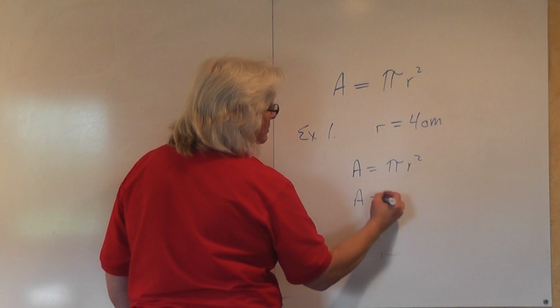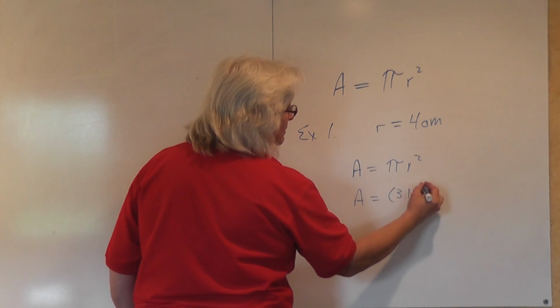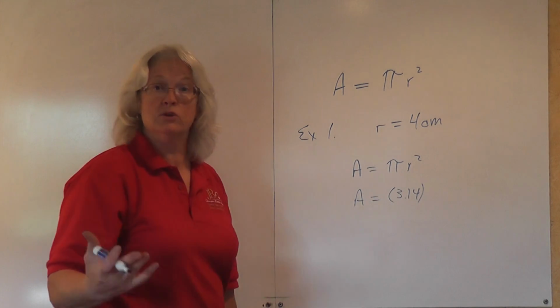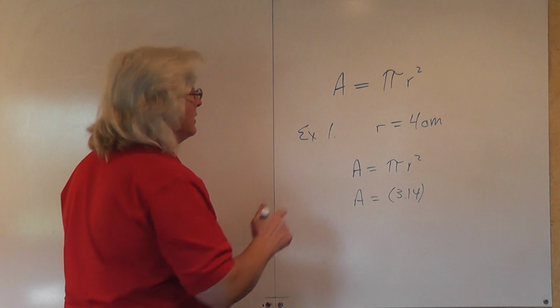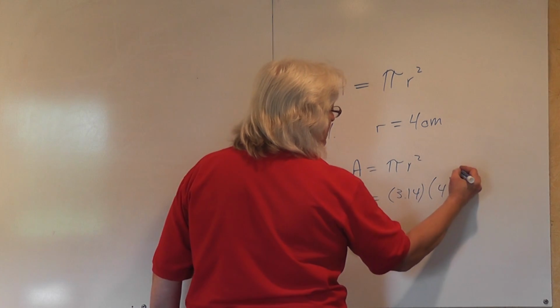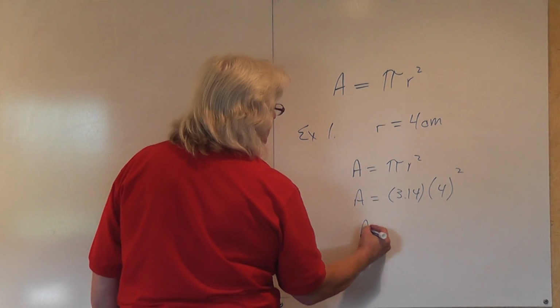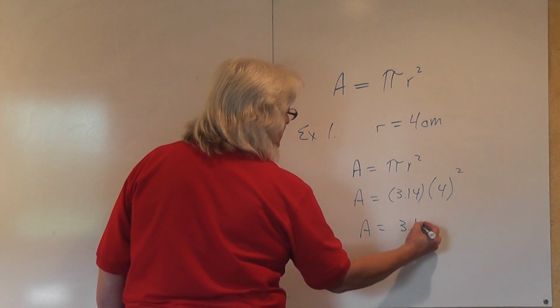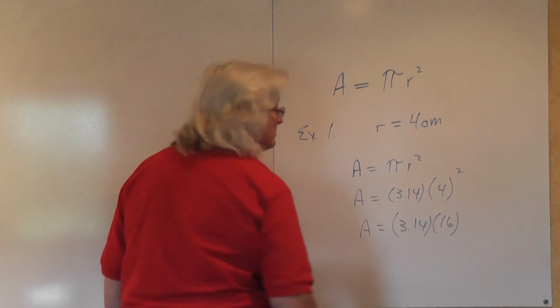And then do your substitution. The area is equal to the value of pi, which we are saying is approximately 3.14. Your problem tells you to use 3.14 for the value of pi, times r, which is 4 centimeters, and we square that. So the area is equal to 3.14 times 16.